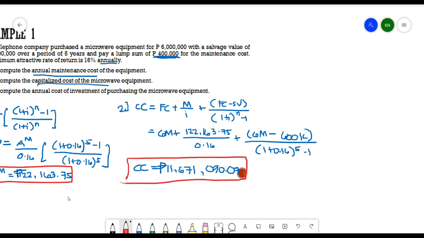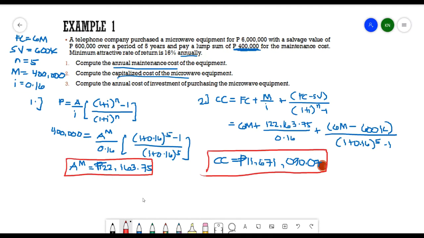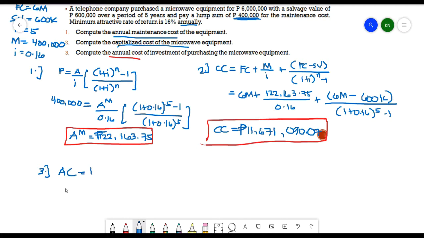Next one, we have here: compute the annual cost of investment of purchasing the microwave equipment. So we are looking for the annual cost, and annual cost is given by the formula K times I. So let's just substitute the values here. Annual cost is just equivalent to K times I, where K is equivalent to CC.